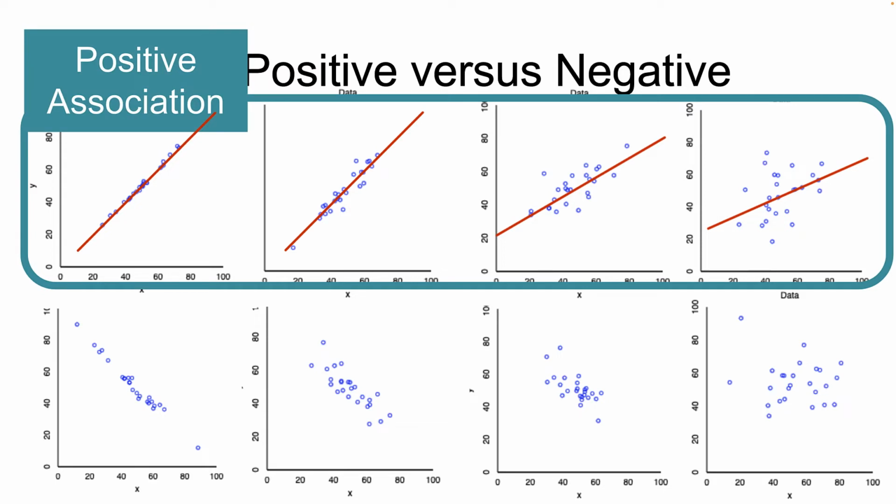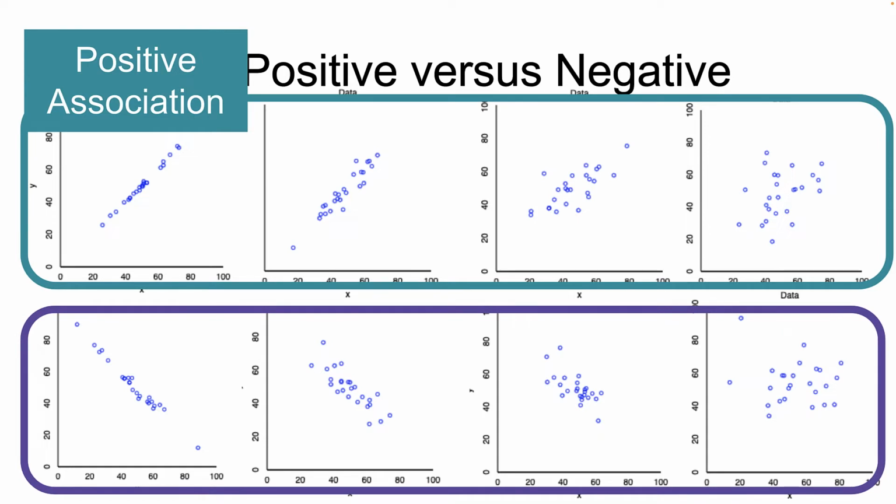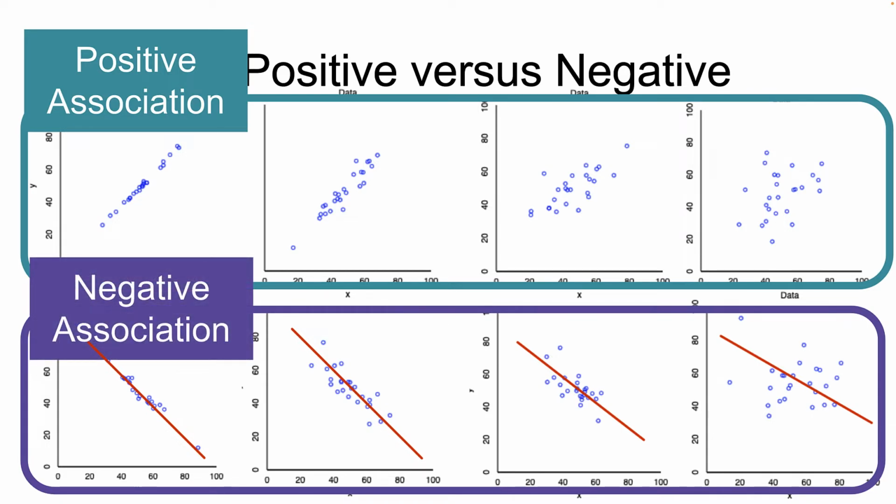So we would say that these four graphs have a positive association. The graphs on the bottom all have a downward trend from left to right. So we would say that these four graphs have a negative association. It's really important that when you're looking for the direction, you always have to look at the trend going from left to right.